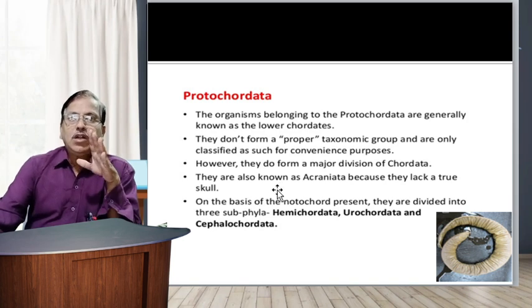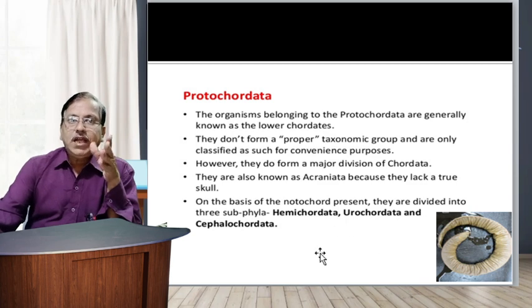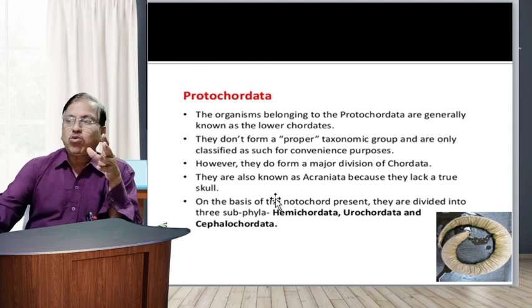They are also known as Acraniata, means cranial cavity is absent because they lack a true skull. On the basis of the notochord present, they are divided into three subphyla. We already discussed: the first is Hemichordata, second is Urochordata, and third is Cephalochordata. These are the three main subphyla of the Protochordata group.